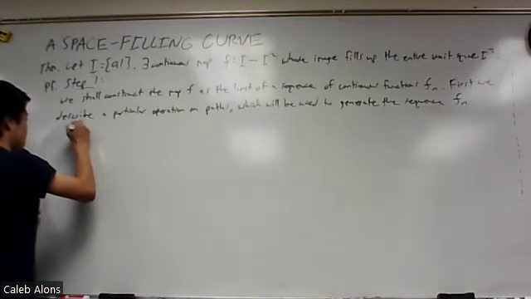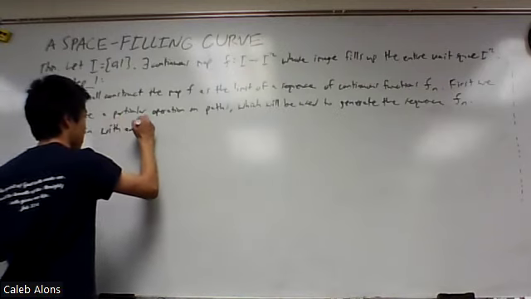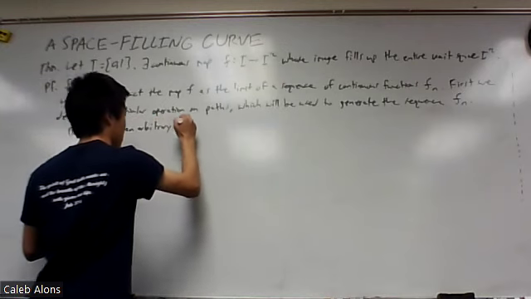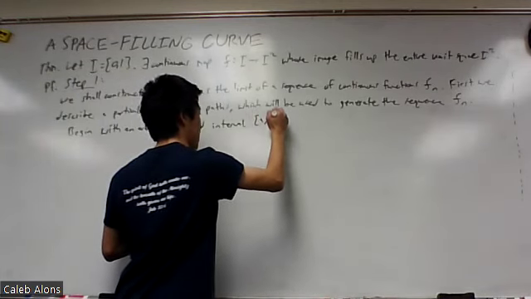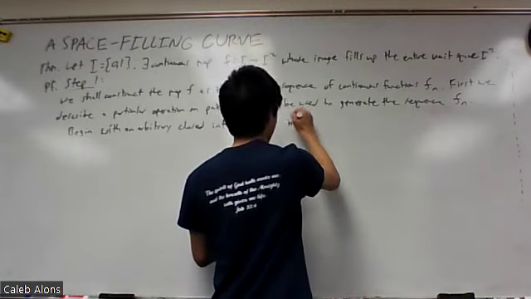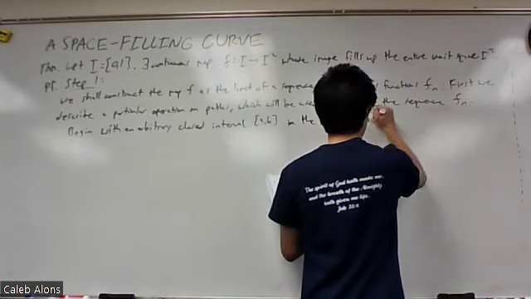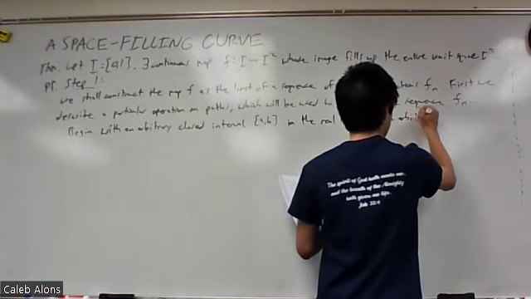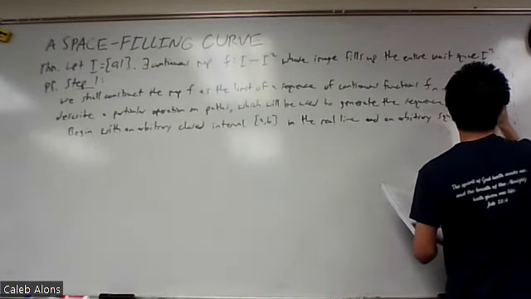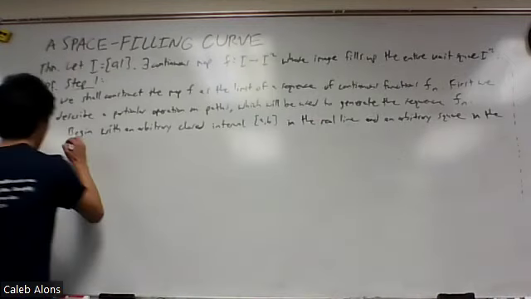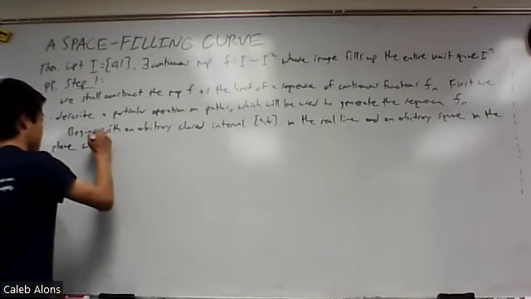So we'll begin with an arbitrary closed interval from A to B in the real line, and an arbitrary square in the plane, with sides parallel to the axes, basically.